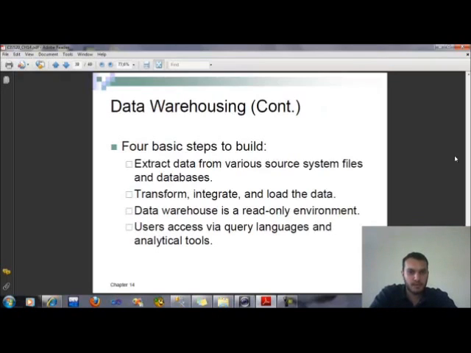And the four basic steps to build. First one is to extract data from various source system files and databases, and transform, integrate, and load the data. The third one is that the data warehouse is a read-only environment, and the last one is user access via query language and analytical tools.